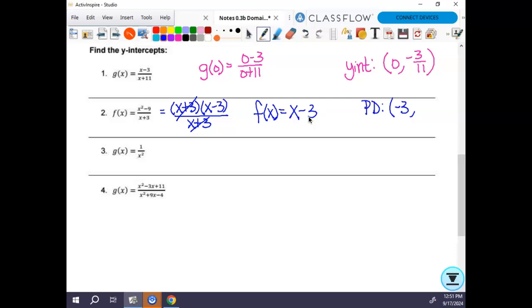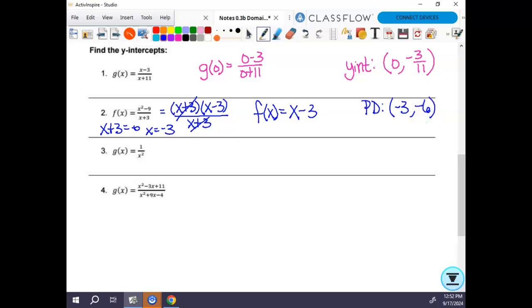Wait, but if I cancel this out, then x plus 3 equals 0, right? So x equals negative 3. Yeah, so that's the x value for the hole, not for the y-intercept. And then when I find f of negative 3, minus 3 is negative 6, right?